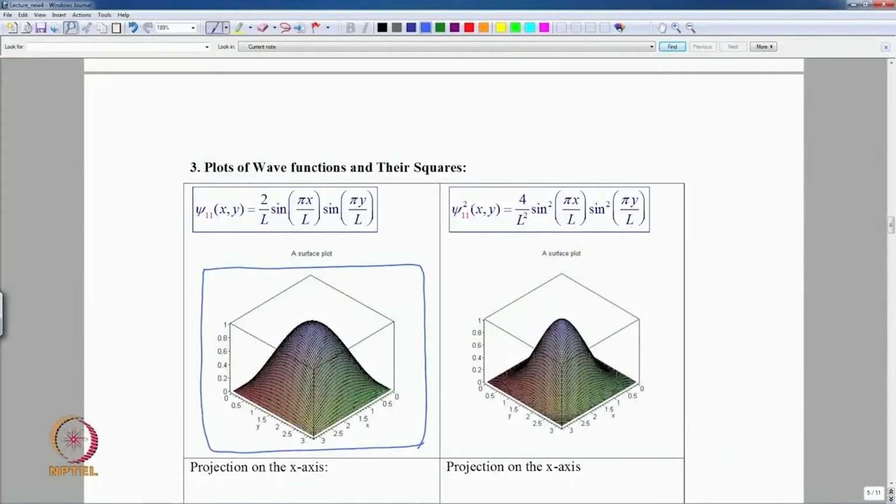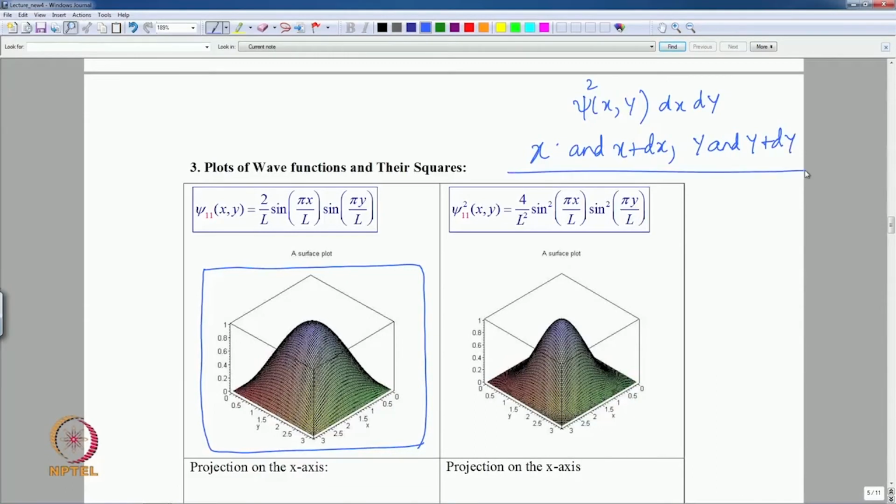Please remember, psi squared of xy, dx dy is the probability that the particle will be in the small rectangular region between x and x plus dx, and y and y plus dy. That is a small region, and you can see that the psi square is given like this.